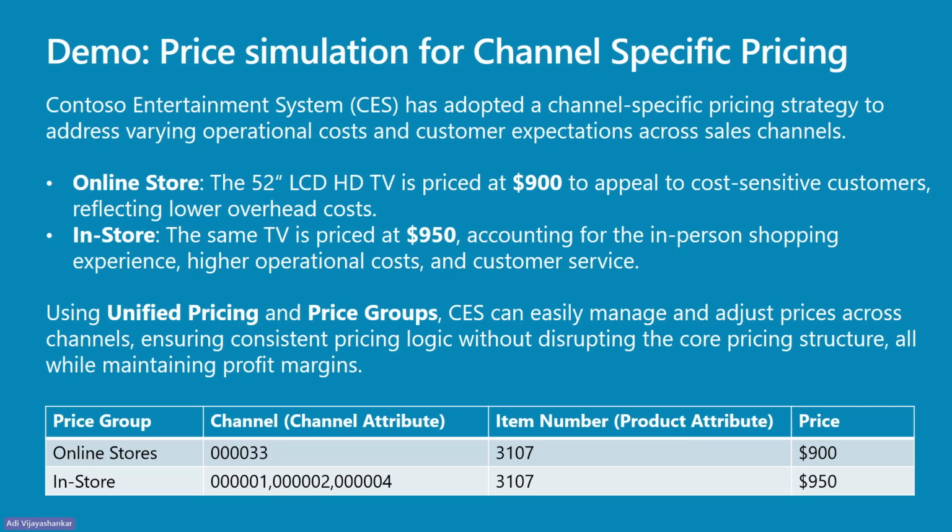In contrast, for their in-store channel, it is priced at $950, accounting for higher costs and the personalized service of physical retail. Using unified pricing and price groups, CES ensures consistent pricing logic while allowing for quick adjustments across channels without modifying trade agreements or discount setups. This approach aligns pricing with their business goals while protecting margins across all touchpoints.